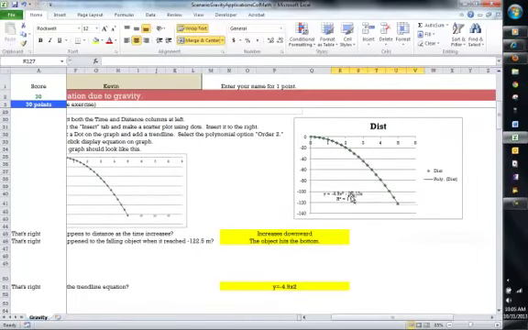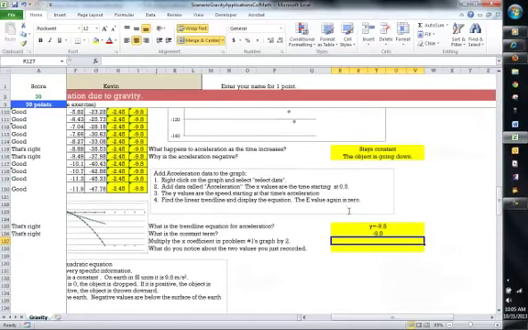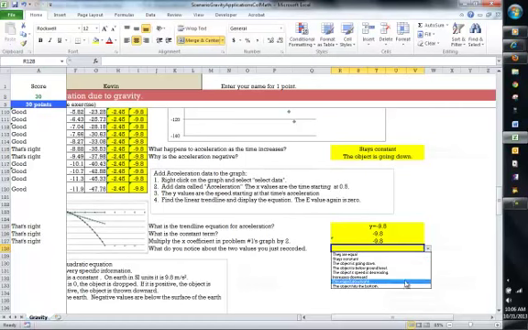So the coefficient of x is negative 4.9. So I'm going to type equals negative 4.9 times 2. And what do you notice about those two? They are the same. They are equal.